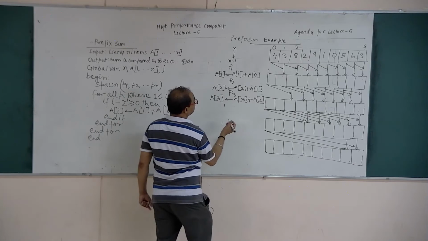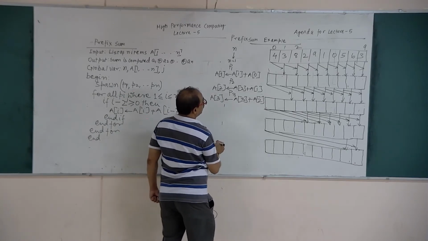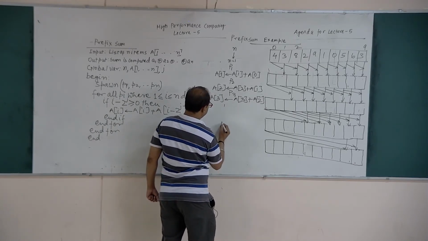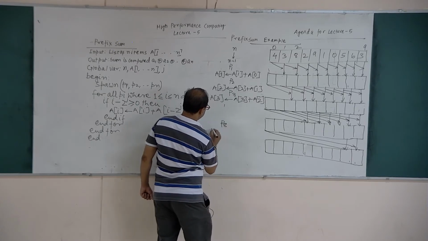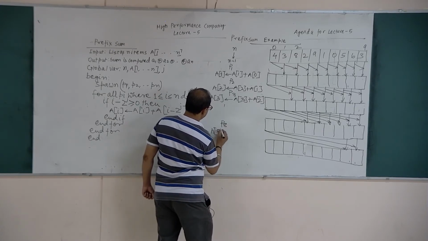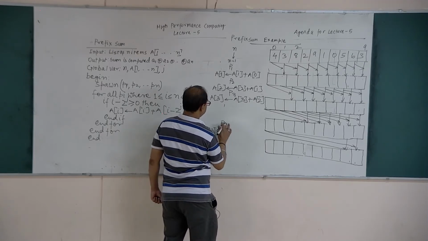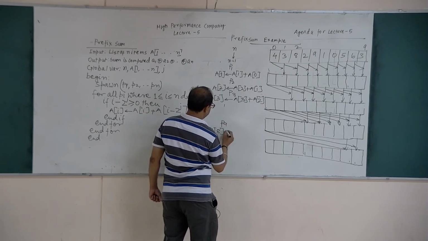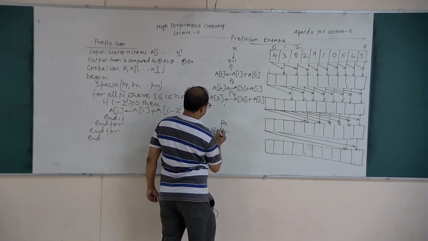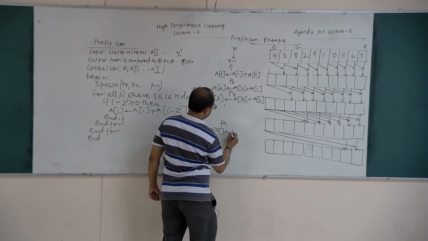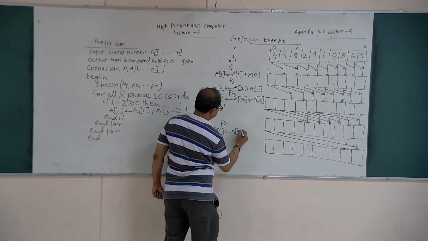So processor P8 is adding the element at A8 location plus the element at A7, and processor P9 is adding the element at A9 plus the element at A8.